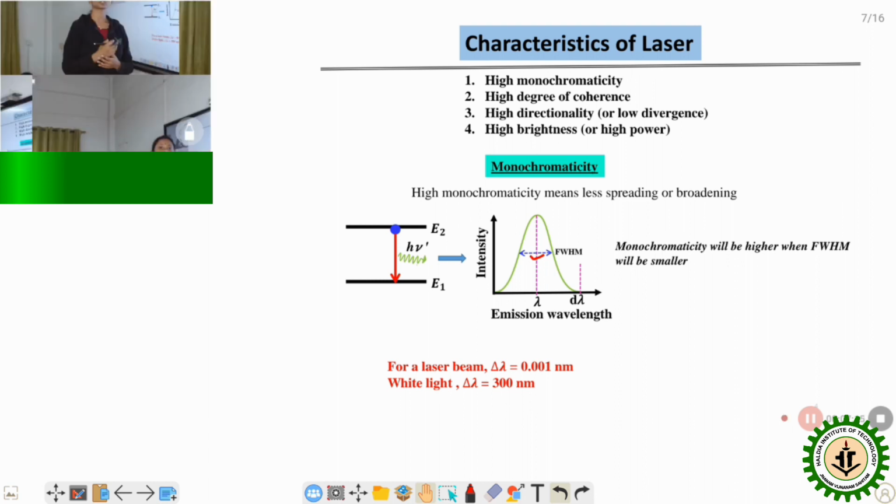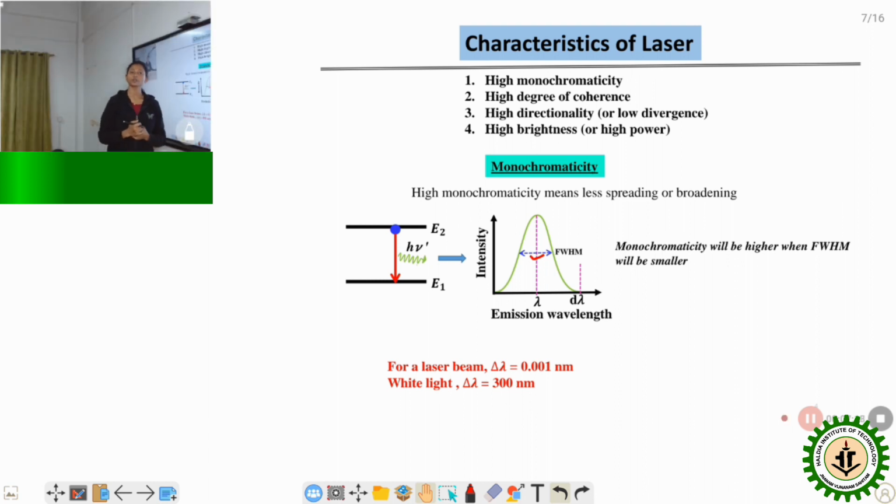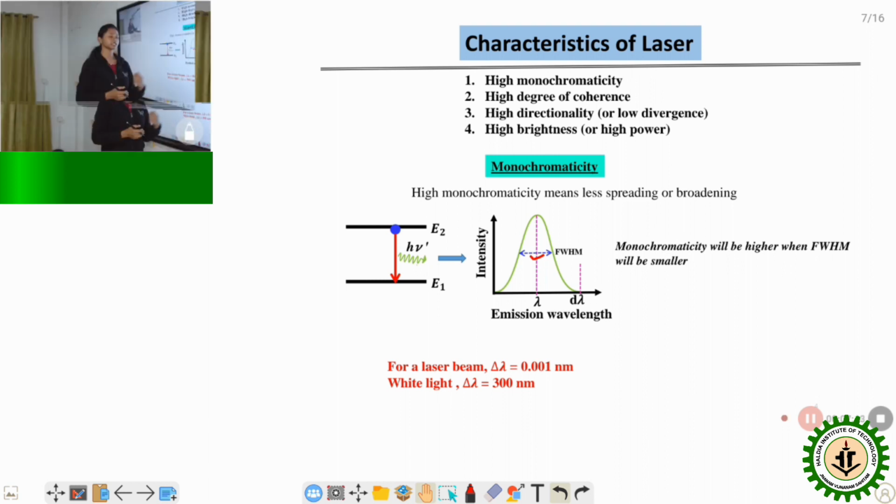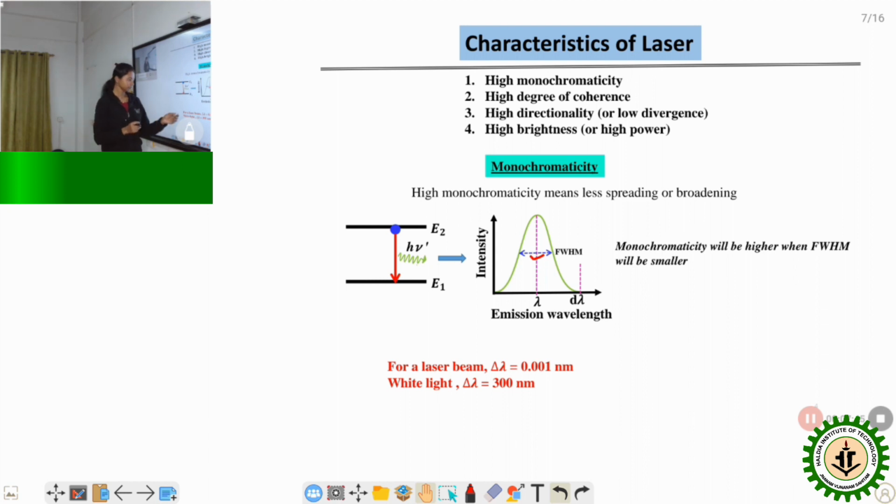Ideally it is possible, but in real life it is not, but it will be as small as possible. It is estimated that for a laser beam this delta lambda is 0.001 nanometer, whereas for normal light or sunlight, delta lambda is 300 nanometer. So from this we get an idea that a laser beam is highly monochromatic as compared to normal sunlight.